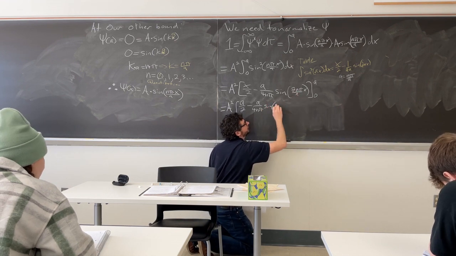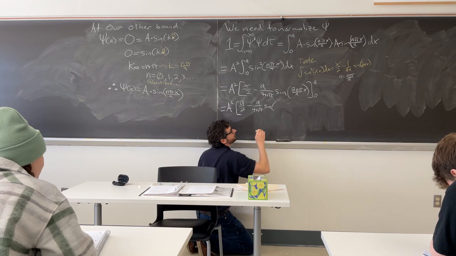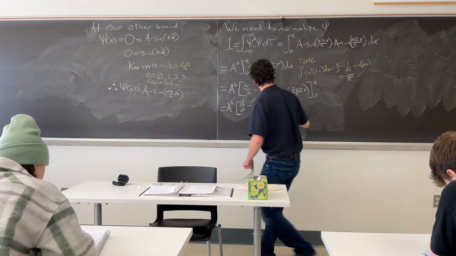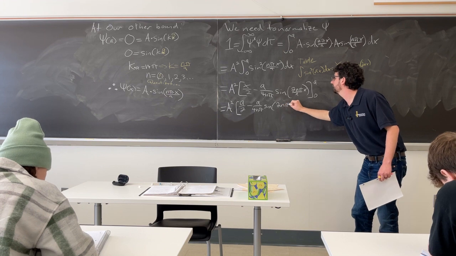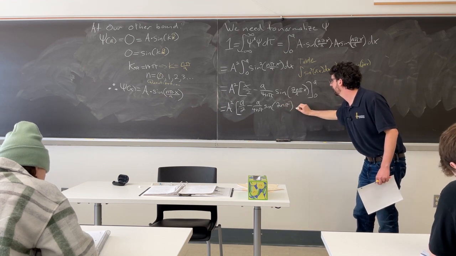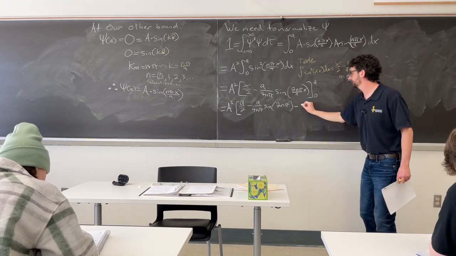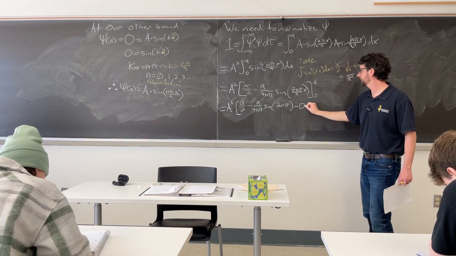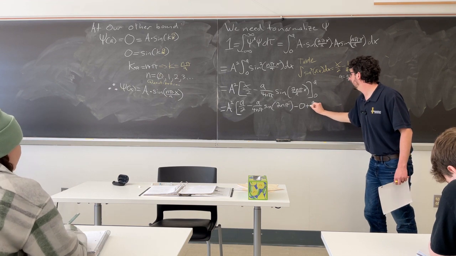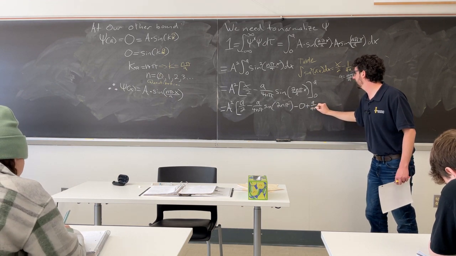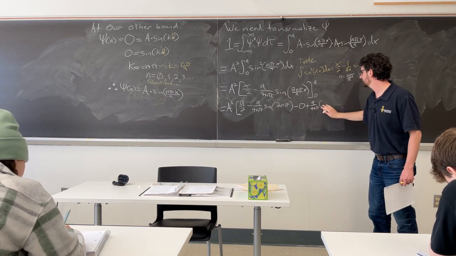What's gonna happen in here? The A's are gonna cancel, so what are we just left over with? 2n pi, yep. Minus 0 plus A over 4n pi sine of what?